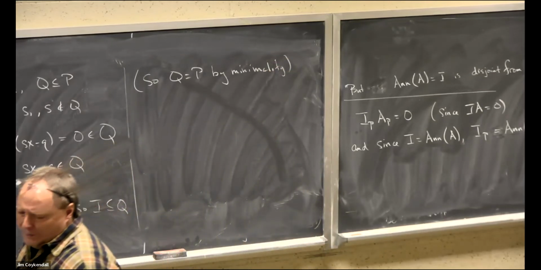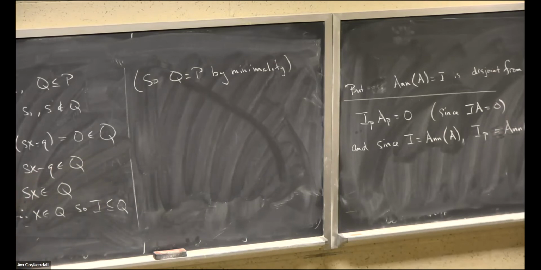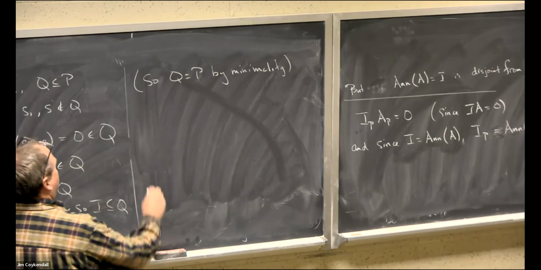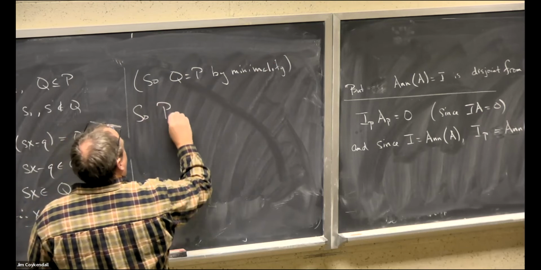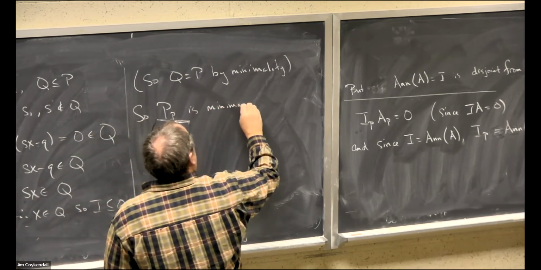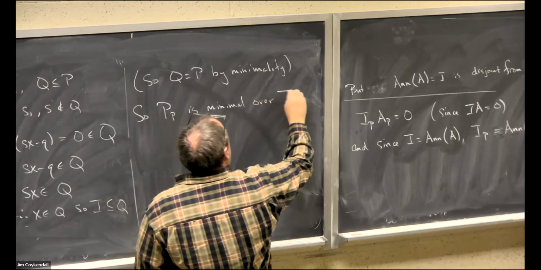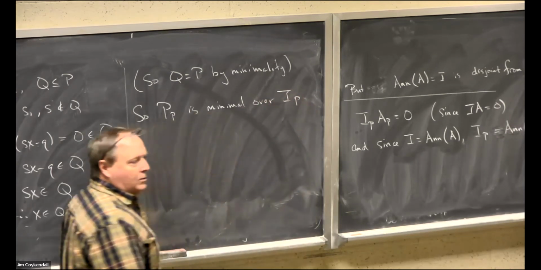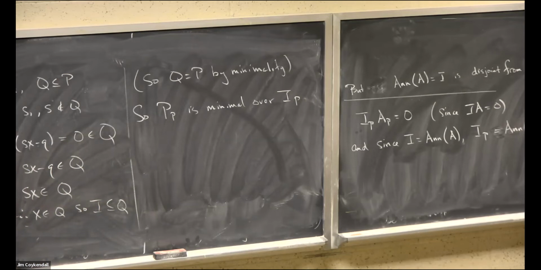So here's where we find ourselves. It is true that P localized at P is minimal over I localized at P, as we claimed.